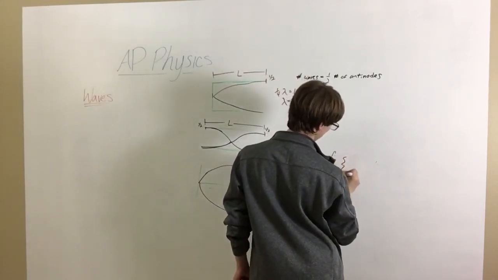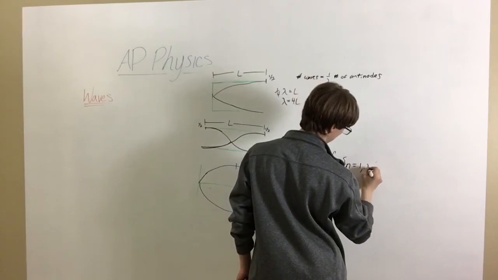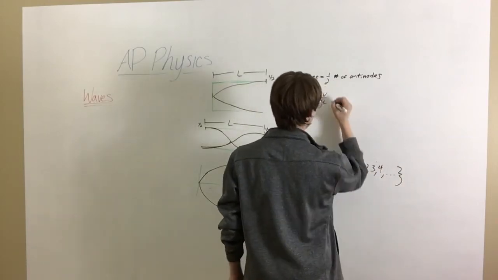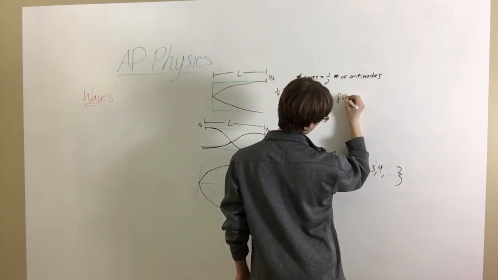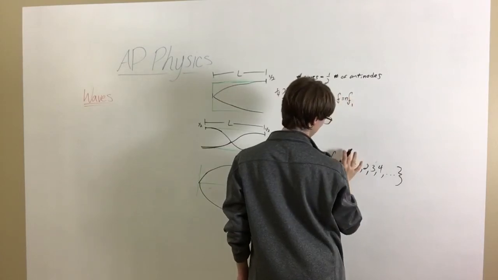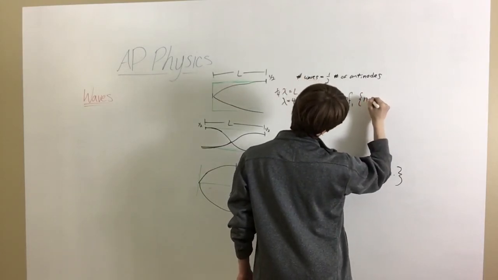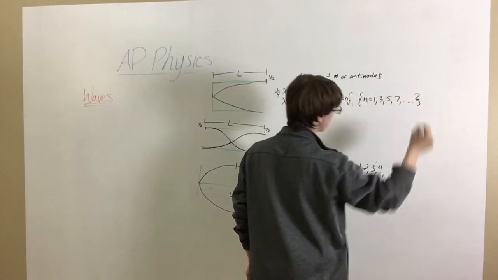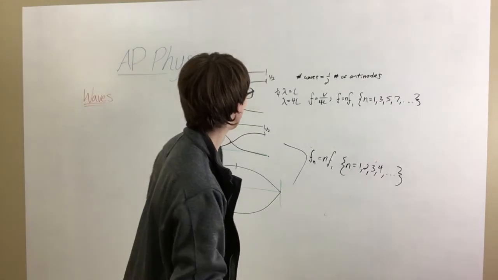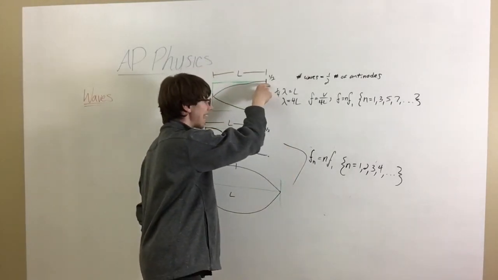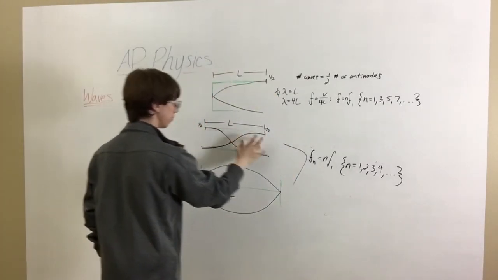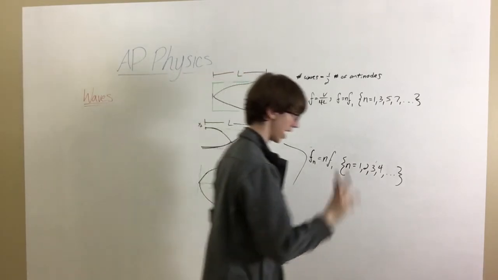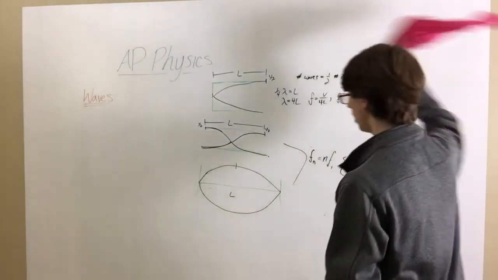Okay, so for this one, n is equal to 1, 2, 3, 4, etc. For this one, it's the same formula, frequency is equal to n times the fundamental frequency, but in this case, n is equal to 1, 3, 5, 7, and so on. It's only the odd ones. And why is that? Well, because it only can be half, because it doesn't have the two halves of the antinode. It only has 1/2 of the antinode.